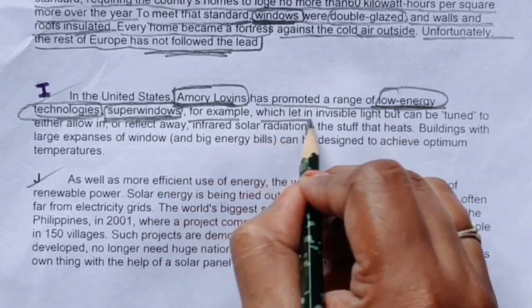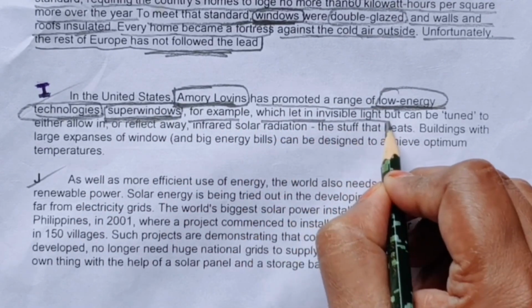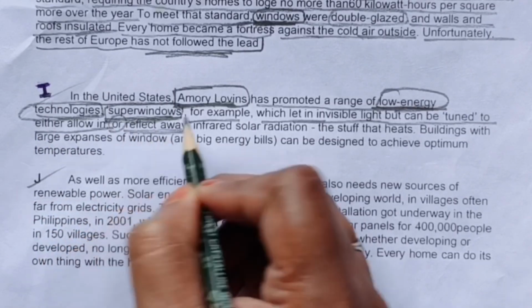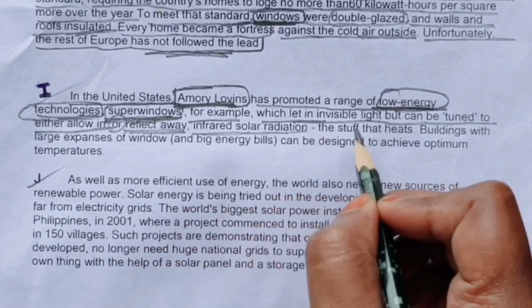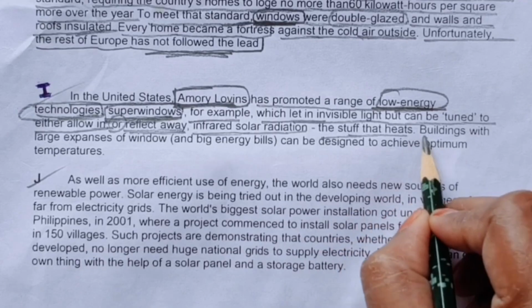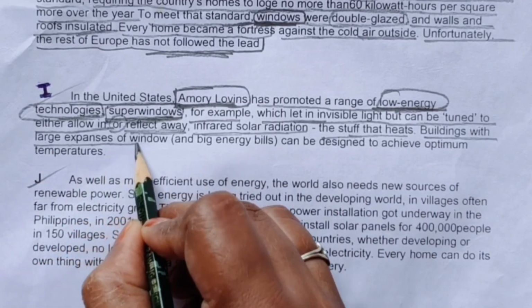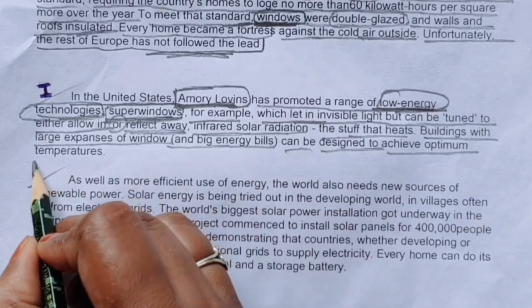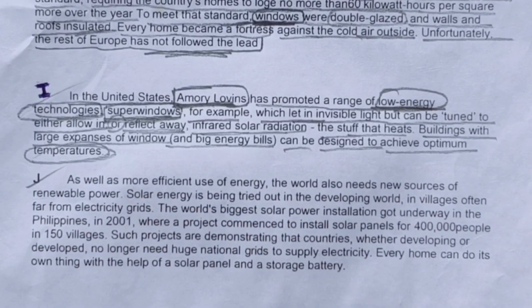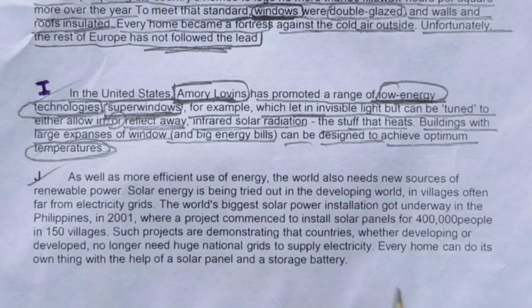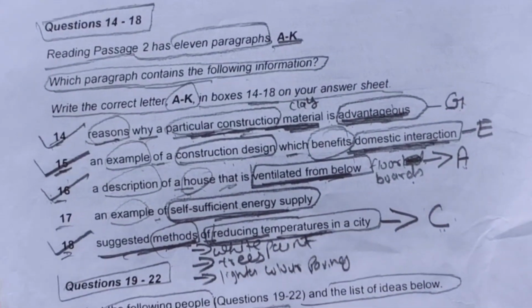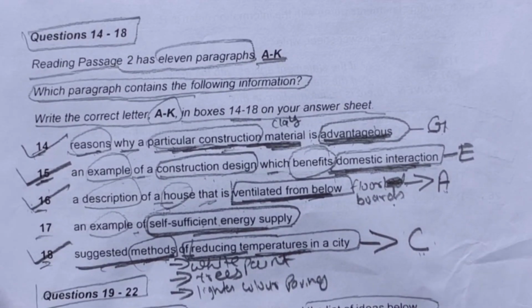For example, which let in visible light but can be tuned to either allow in or reflect away infrared solar radiation, the stuff that hits buildings with large expanses of window and big energy bills, can be designed to achieve optimum temperatures. So we have seen two keywords here, Amory Lovins and super windows. Now let's see whether we are getting our answer or not.